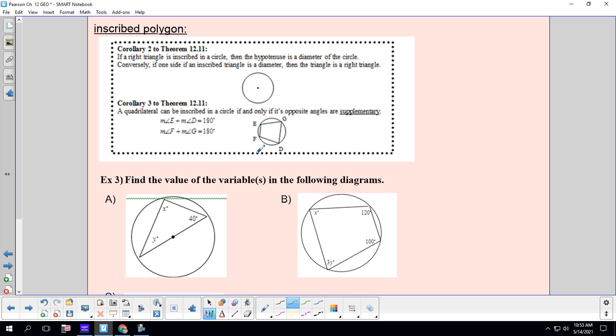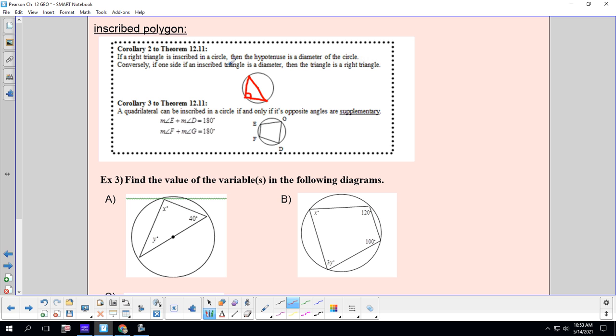All right, let's write down some corollaries to Theorem 12.11. If a right triangle is inscribed in a circle, then the hypotenuse is a diameter of the circle.